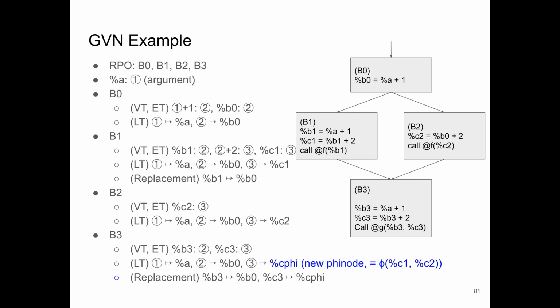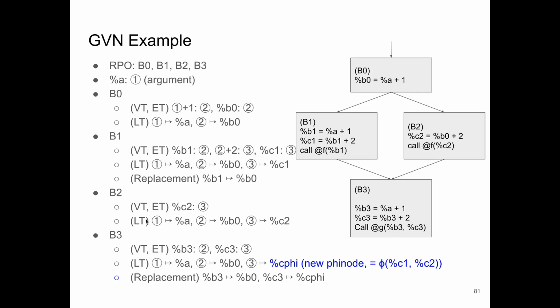In the same way, we process each block, and we assign a new number to C1, which is basically number 2 plus a constant 2. And we say that the number 3 has a leader value, which is C1, which is defined here. B2 is almost the same, so the expression table and variable tables are updated.